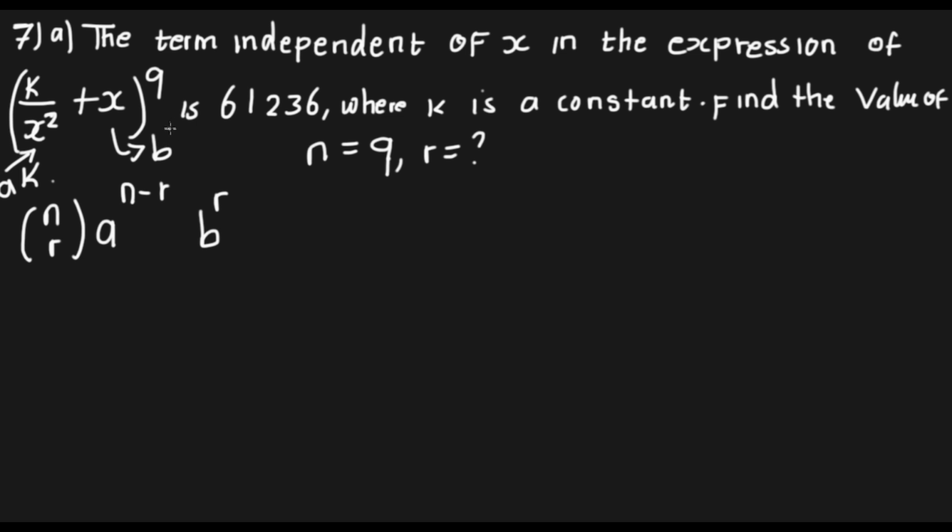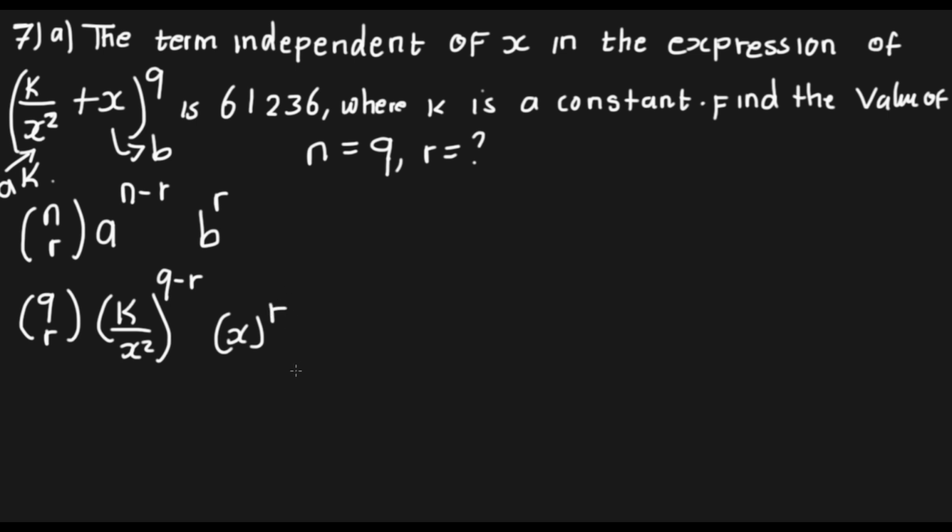Let's now do substitution. So I'm going to say n is equal to 9. R, we don't have. A is k over x squared raised to the power 9 minus r. Then what's our B? B is x raised to the power r.